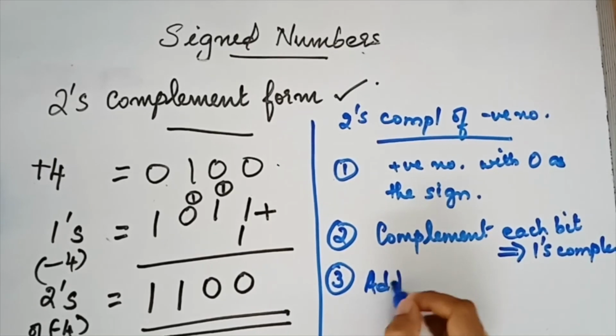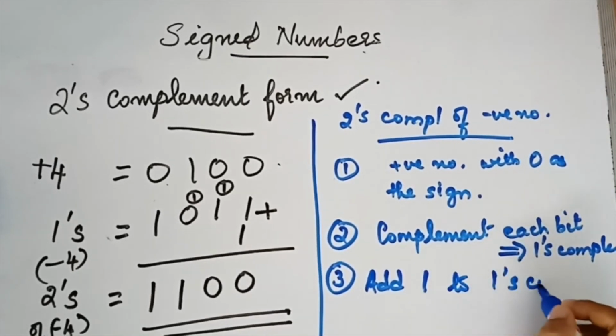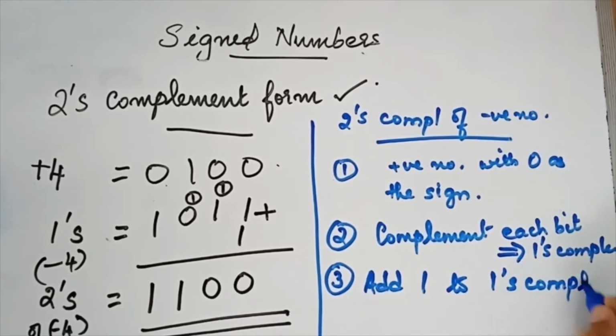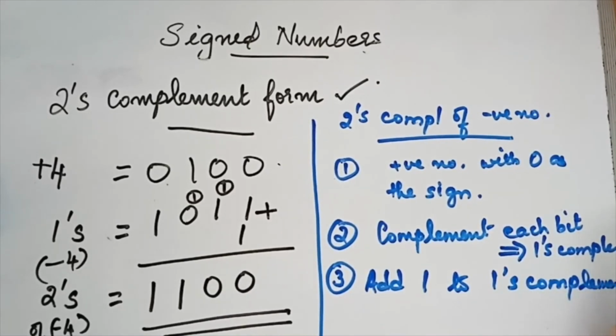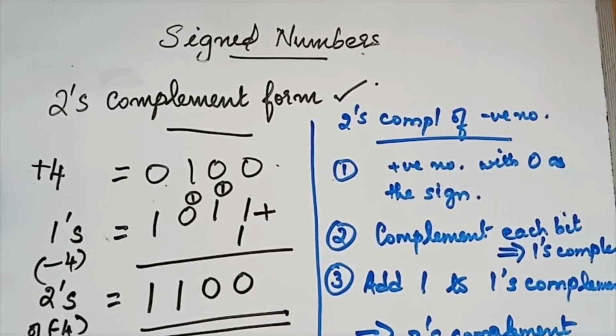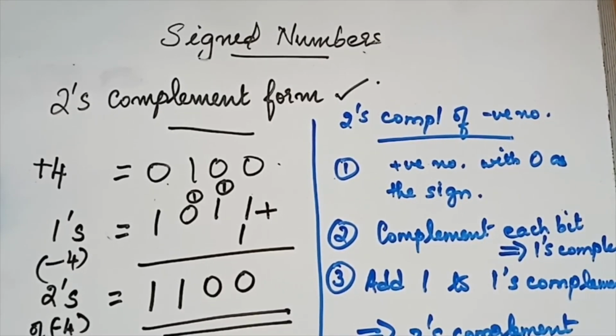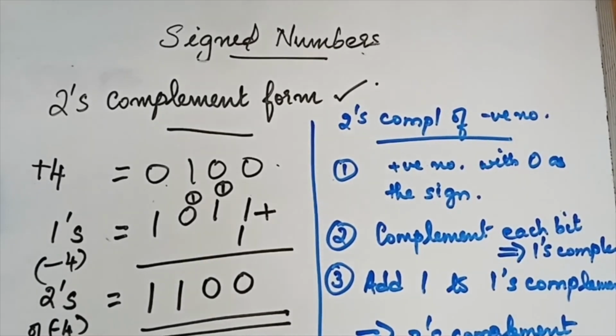Last step is to add 1 to 1's complement. That will give you the 2's complement of that particular negative number. So this is the procedure, and this you should know, and many make mistakes in this particular portion.